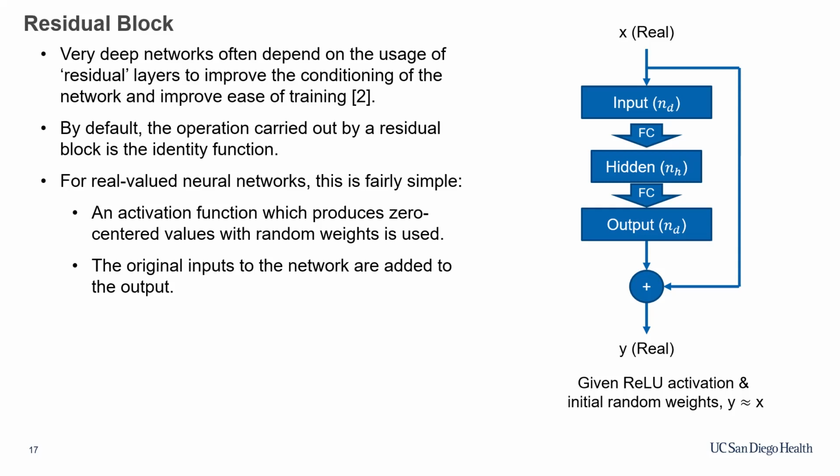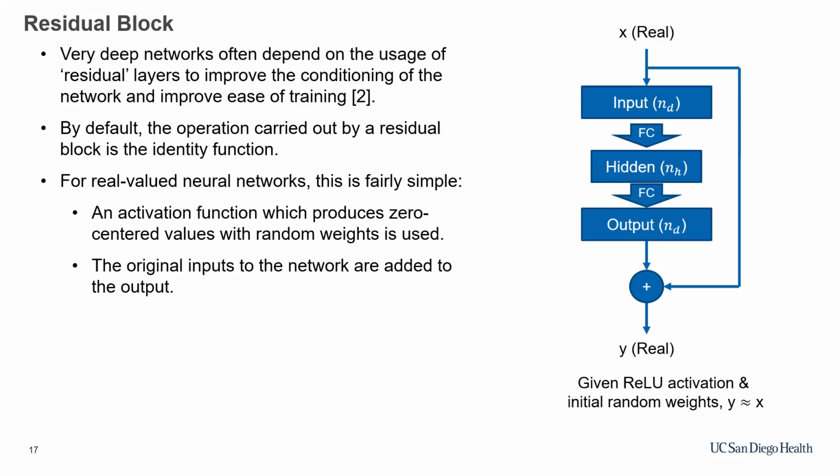Everything a residual network can do, basically a conventional neural network without this residual pass can also do, but it's just the conditioning of the function that makes it much, much more trainable to backpropagation. And that's because the default function carried out by a residual block is just the identity function. So if you put an input into a residual block and you look at the output, by default, the random weights will create these on average 0 activations for most networks.